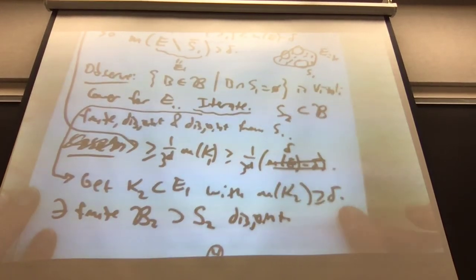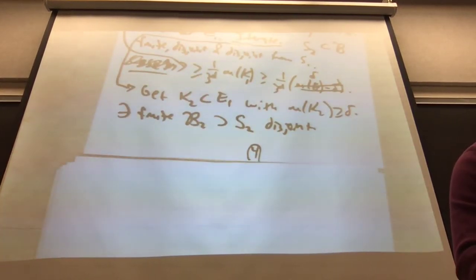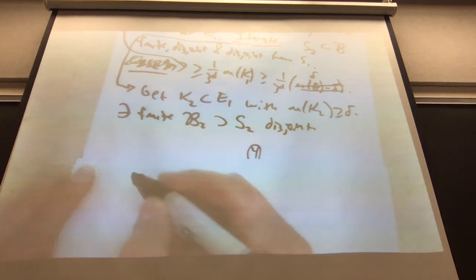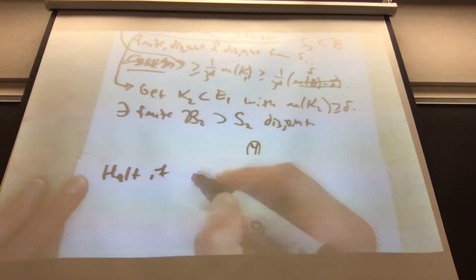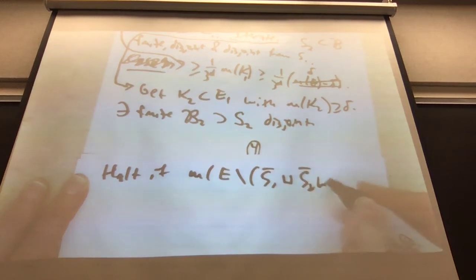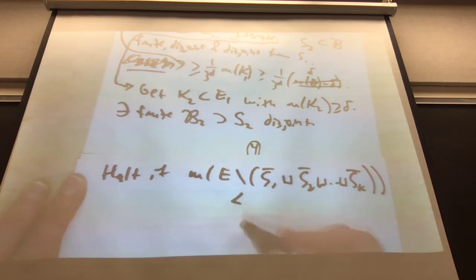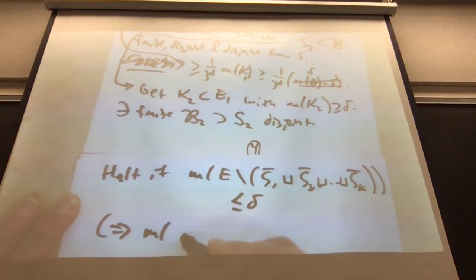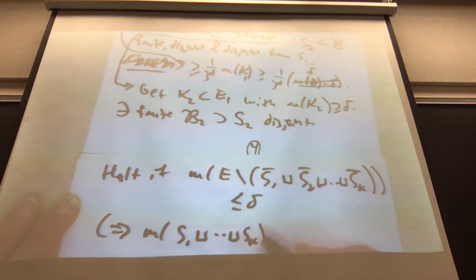Okay? So at each iteration, we halt if the measure of E take away S1 disjoint union S2 disjoint union SK is at most delta, since that implies that the measure of S1 disjoint union SK is at least the measure of E minus delta.